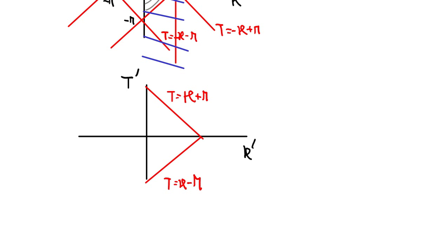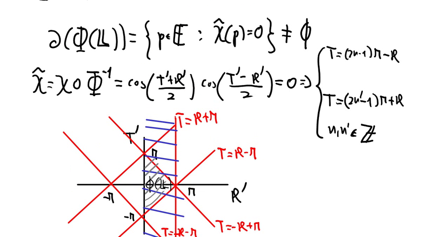And the point now is that, since this condition only involves two coordinates, we did the analysis in the two-plane, in D prime and R prime, but this is not two-dimensional. This is actually four-dimensional.